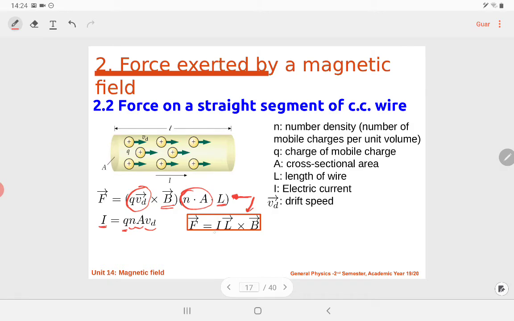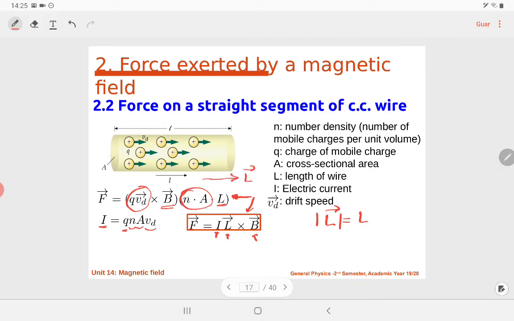We can measure the electric current, the length of the wire, and the magnetic field. The only thing is that now the direction of the current is provided in the vector L. So L is going to be a vector that has as a modulus just the length of the wire, and the direction is going to give you the direction of the current. Okay, so L would be a vector in this case that would point towards the right.